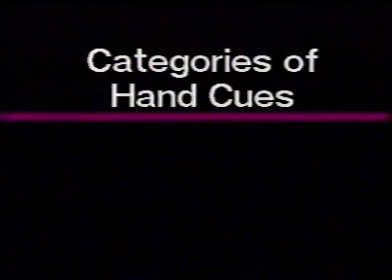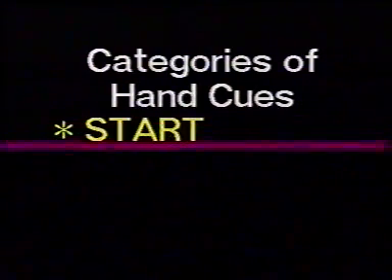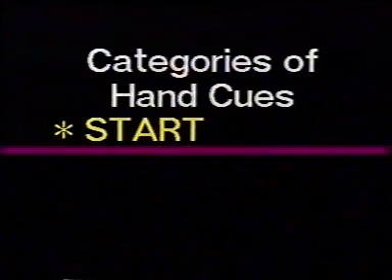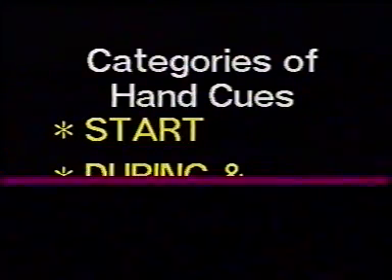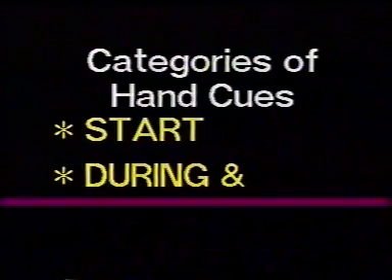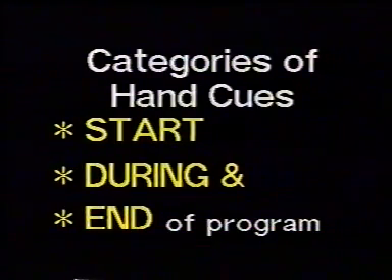Hand cues which are given before the start of the program. Hand cues which are given during the program. And finally, hand cues which are given towards the end of the program.